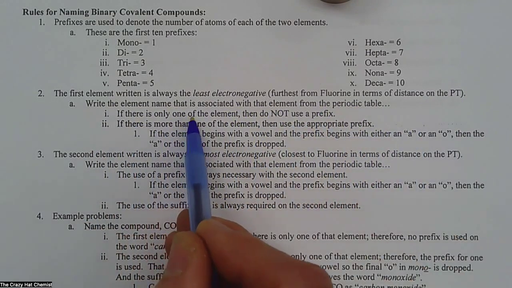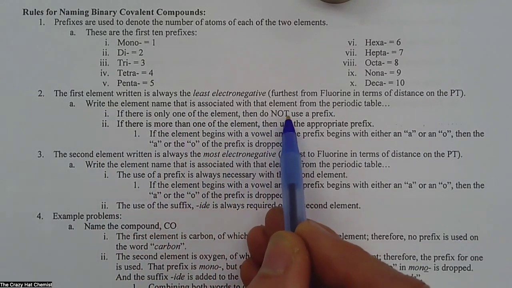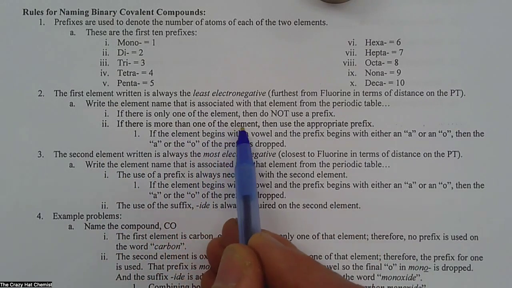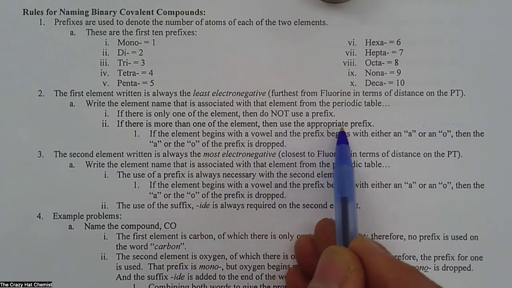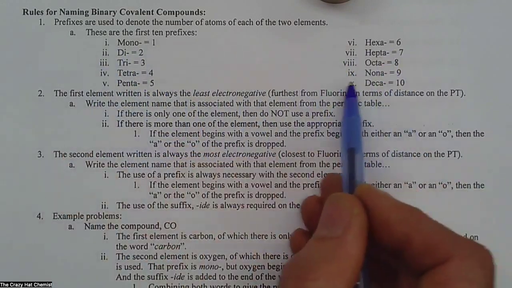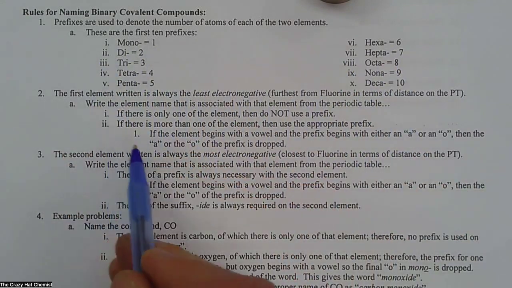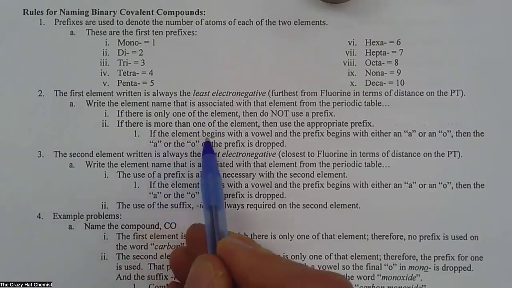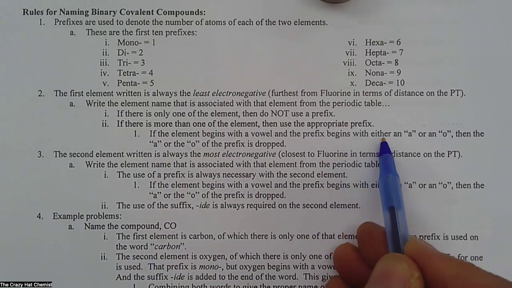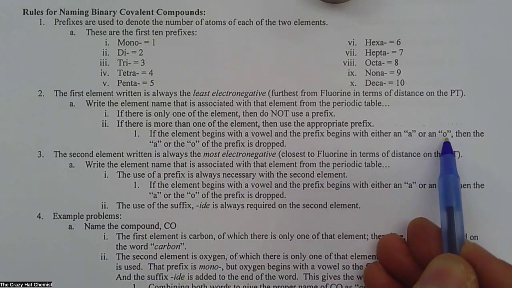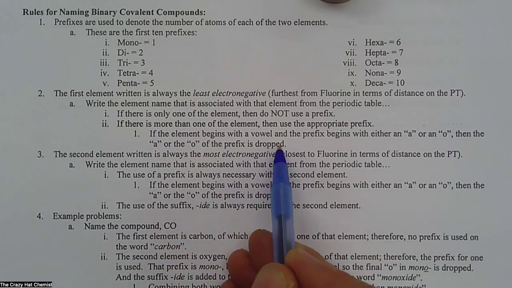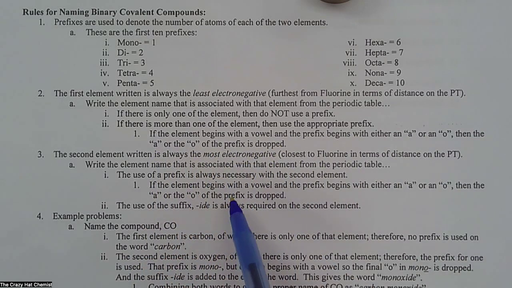If there is only one of that element, then do not use a prefix. If there is more than one of that element, then use the appropriate prefix. As seen above, these are the prefixes right here. If that element begins with a vowel and the prefix begins with either an A or an O, then the A or the O of the prefix is dropped. I'll show you some examples of that.